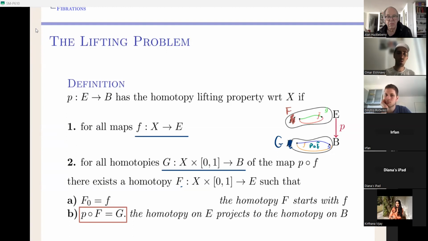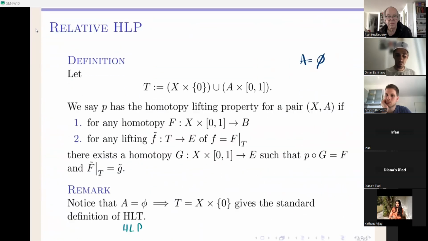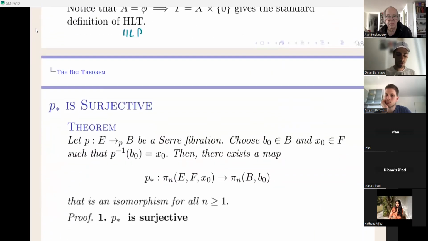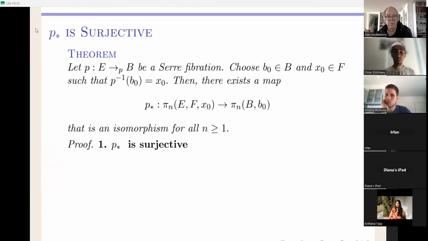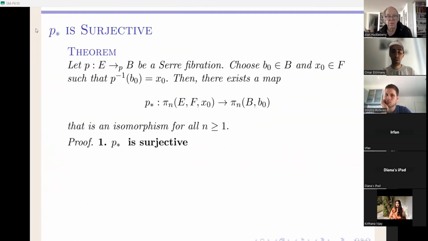That is way too strict for our purposes, and we only need homotopy in that case. So we look for a map that's perhaps homotopic to this one, and then we can work with it. So perhaps this definition will be more clear when we talk about the proof of the big theorem. My apologies if it was not so clear, but it will be evident right now.